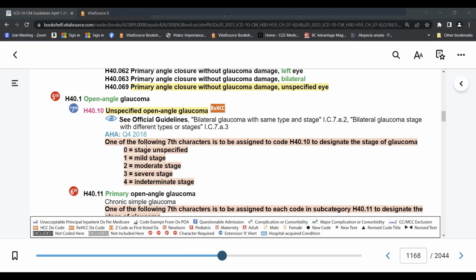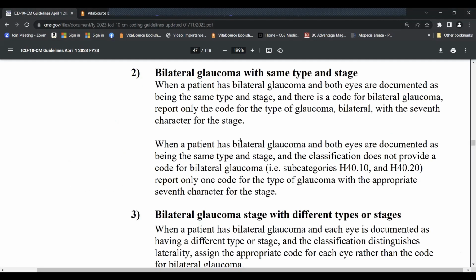And in other words, you're going to have to code the different stages for the eyes, okay? Take you back to that when it says report only one code for the type of glaucoma with the appropriate 7th character for the stage.